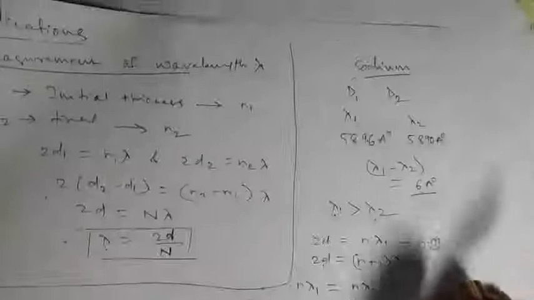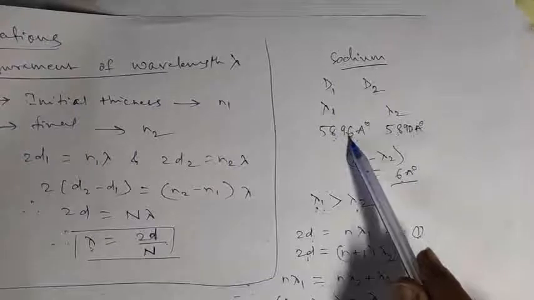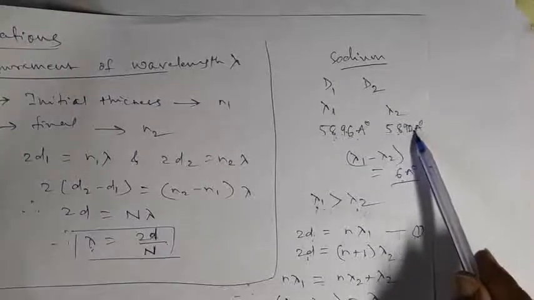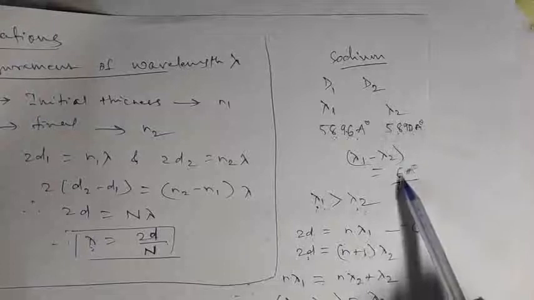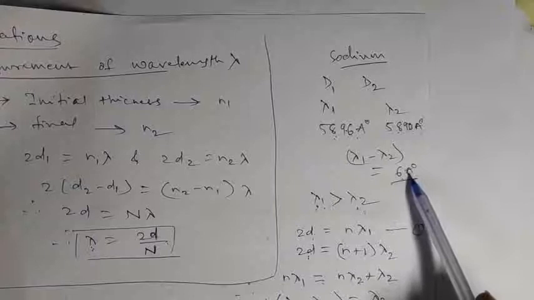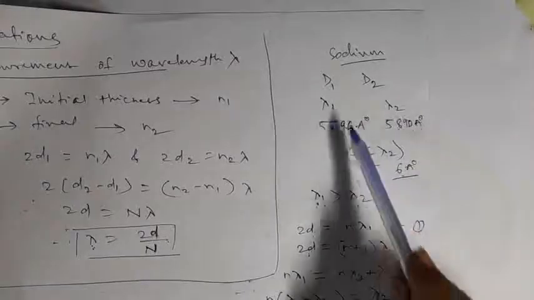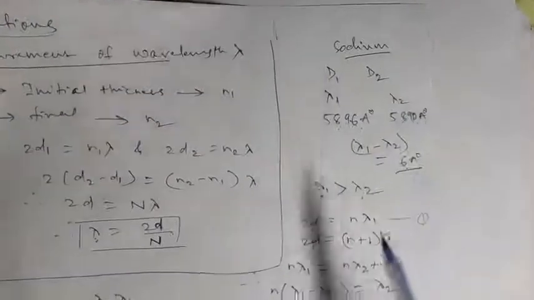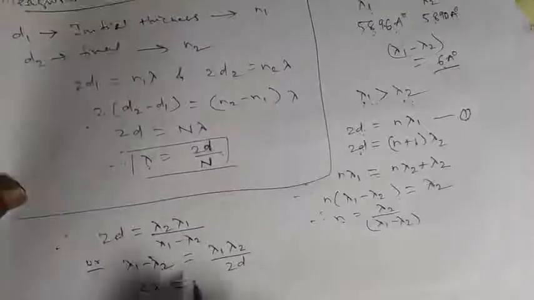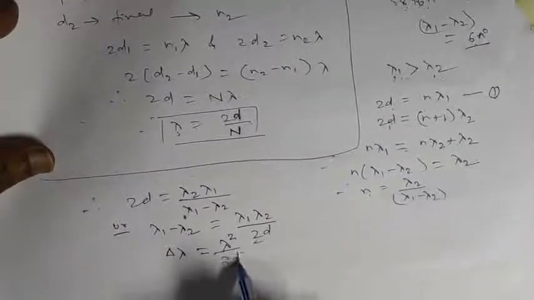Now we can see the values shown: lambda 1 is 5896 and lambda 2 is 5890 Angstrom. The difference is only 6 Angstrom between the two. So for simplification we can consider both wavelengths approximately equal, and therefore lambda 1 into lambda 2 can be used as lambda squared. So delta lambda is equal to lambda squared divided by 2d.